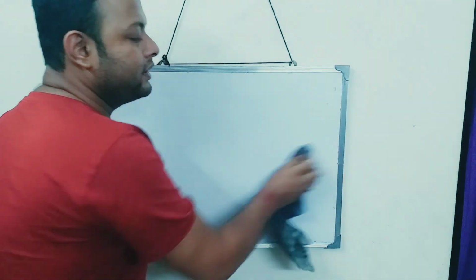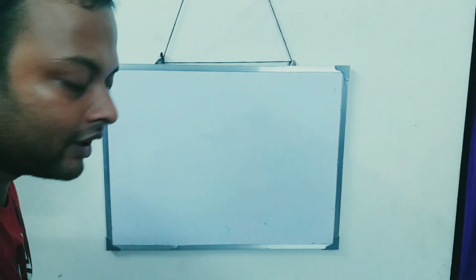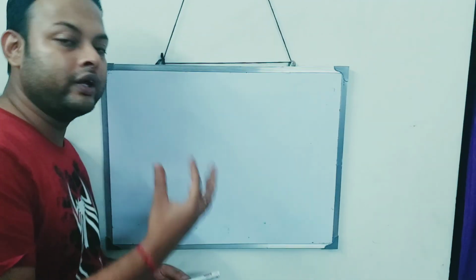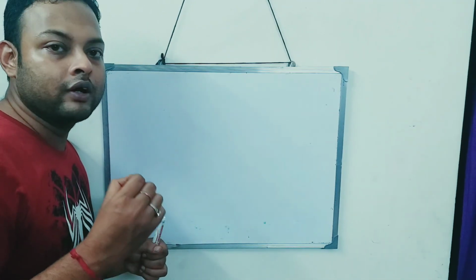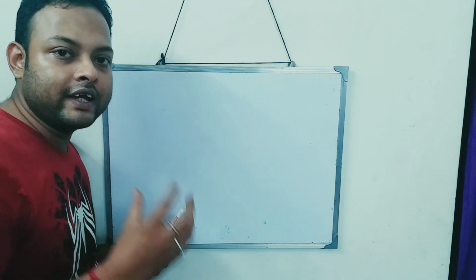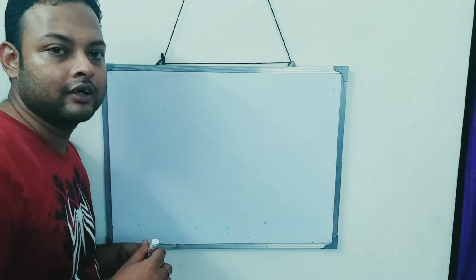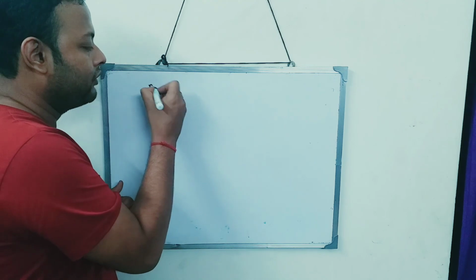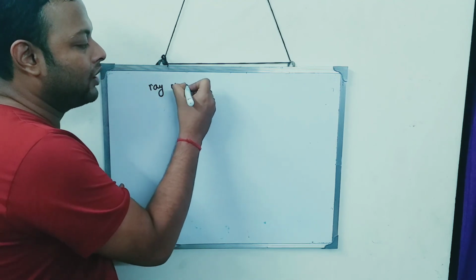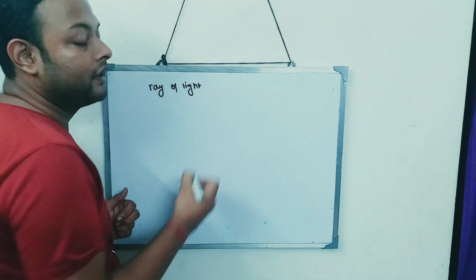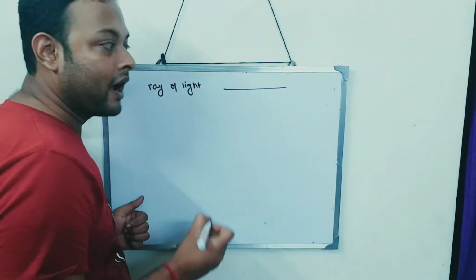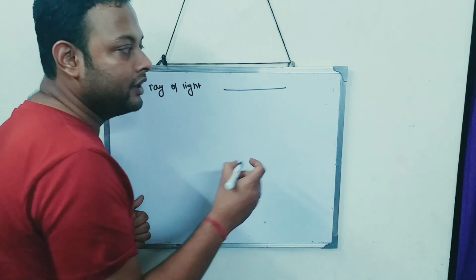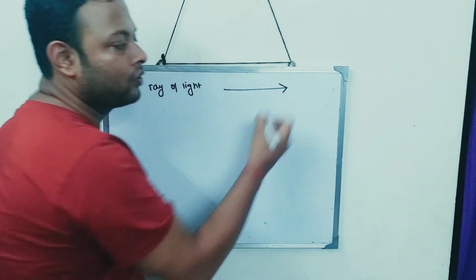The first thing that you should know is that while doing reflection, you have to indicate the ray of light. How do we indicate the ray of light? A ray of light is indicated by a line, and very importantly, you have to put this arrow.